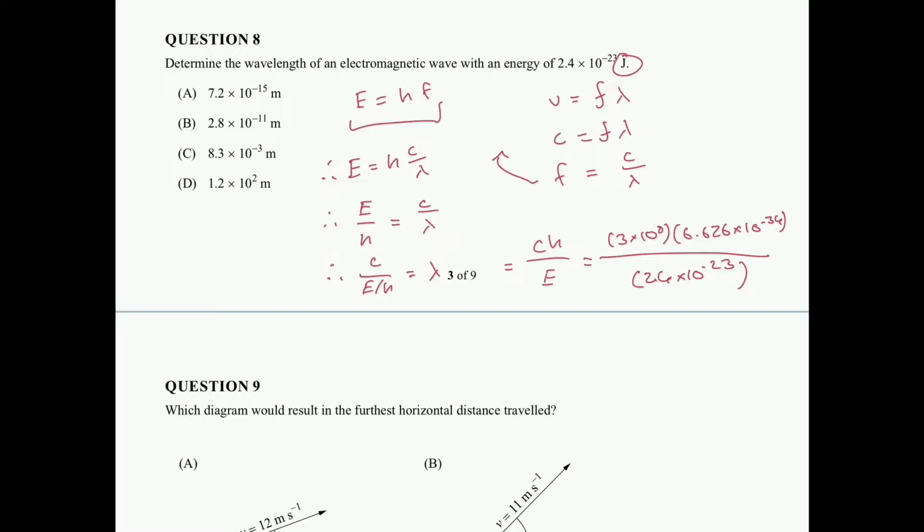Energy can sometimes be given to you in electron volts, and you have to convert it to joules to then be able to use this formula to calculate the wavelength. What we end up getting is 0.008283 meters, and that's going to be option C when we put it into scientific notation.